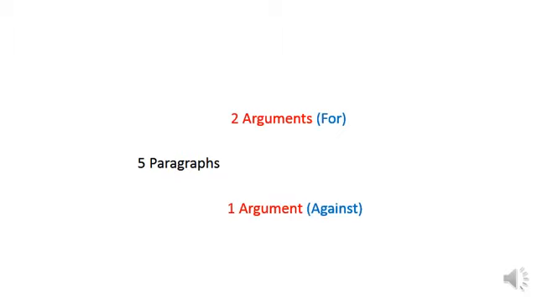So when we are talking here about 2 arguments plus 1 argument, we are talking about the body paragraphs. So the first 2 paragraphs will be supporting the point of view, while the third one will be against the point of view.